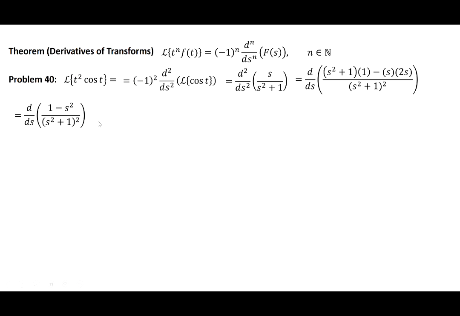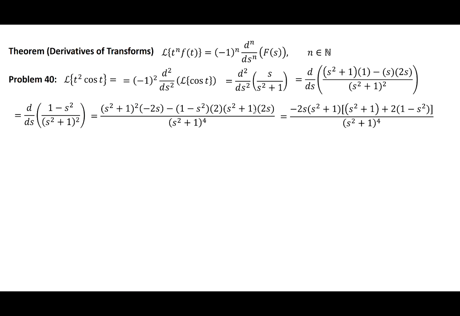Now apply quotient rule again: the denominator times the derivative of the numerator minus the numerator times the derivative of the denominator. That's what I did. And if I simplify, I'll let you go through it. You simplify and you get this. Cool. You might want to pause there and convince yourself that my algebra is all right. Okay.